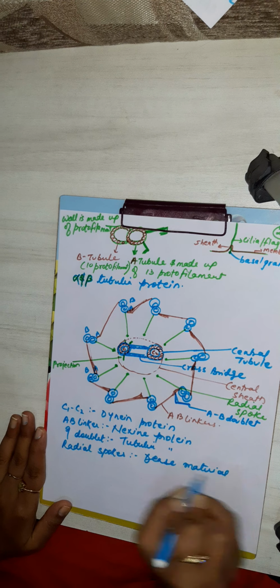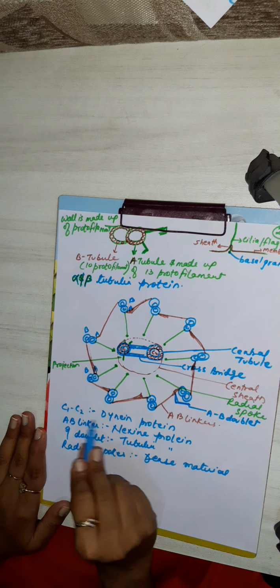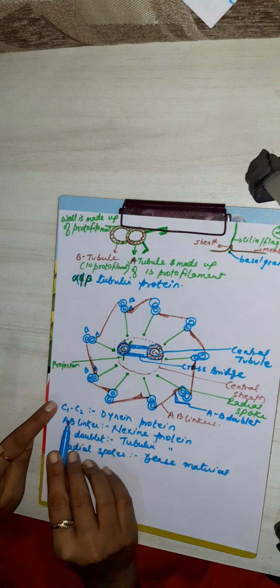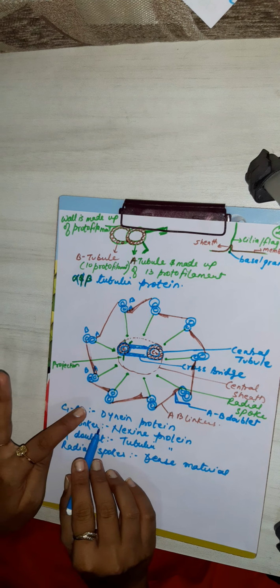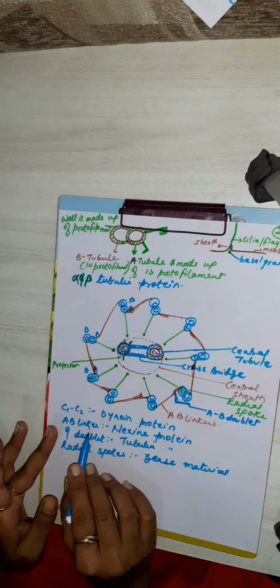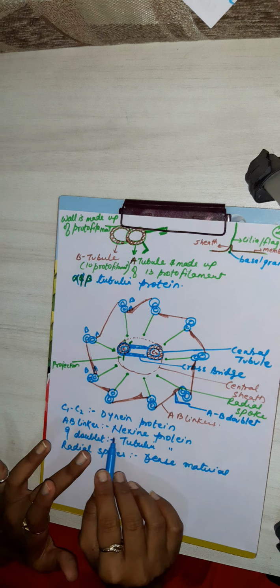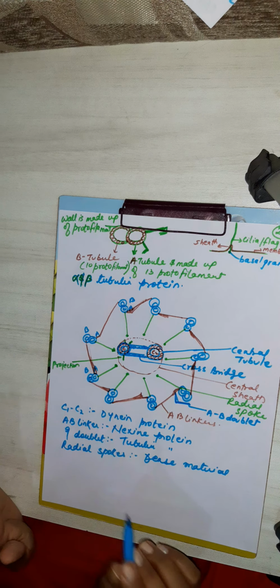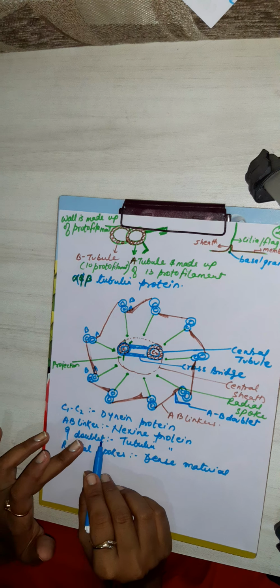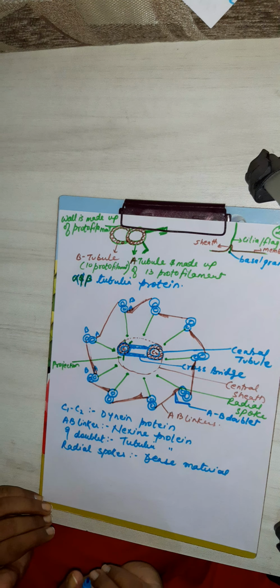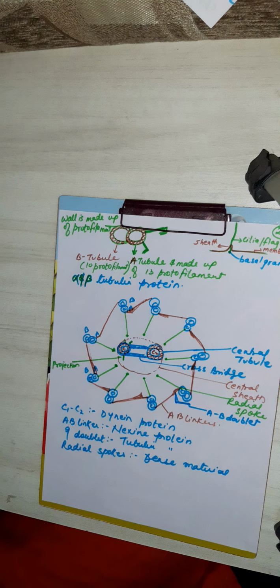So remember dynein protein with C1, C2, CD करके you can remember CD. Okay, dynein, nexin, AB लिंकर है, नेटवर्क नेक्सिन, ये ट्रिक लगा के याद करो. CD dynein, 9 doublet TT tubule and radial spokes dense material. Okay, students, this is all about the structure of cilia and flagella.